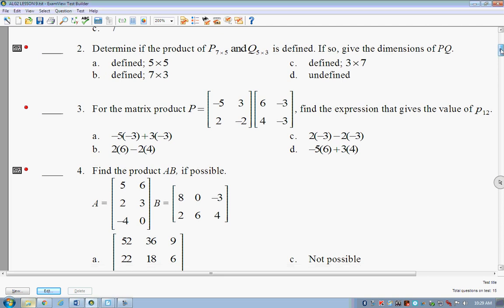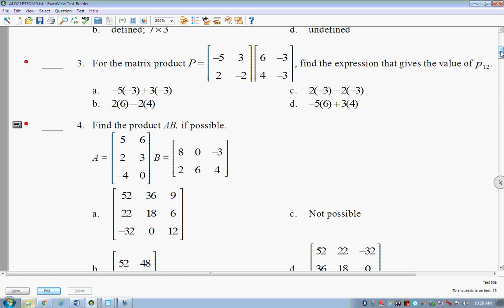Okay, number 3. For the matrix product P equals these two things multiplied by each other, what are they looking for here? Notice it says P1,2. We've got 2 by 2 times 2 by 2, so we're going to get a 2 by 2.